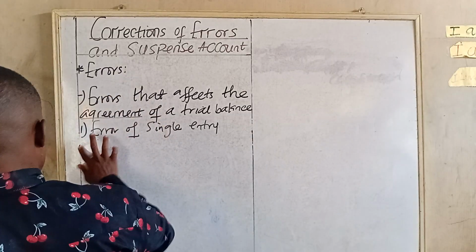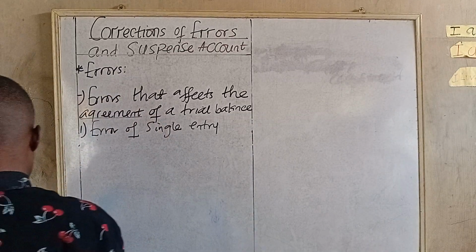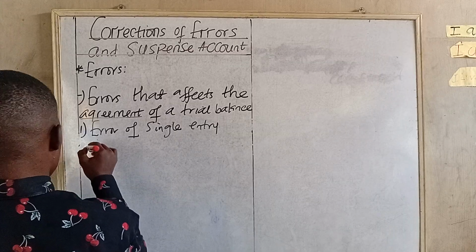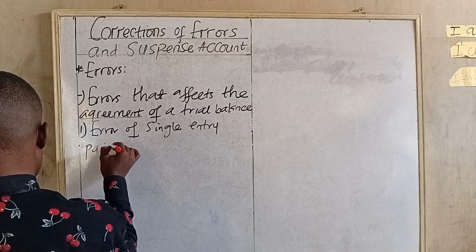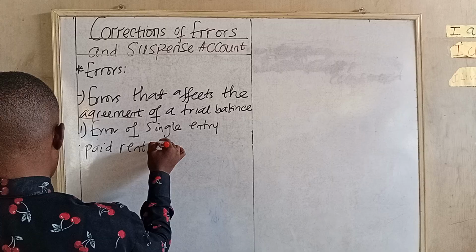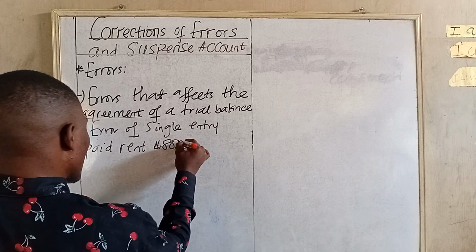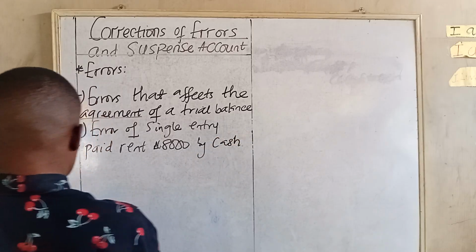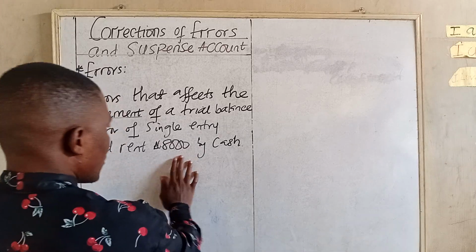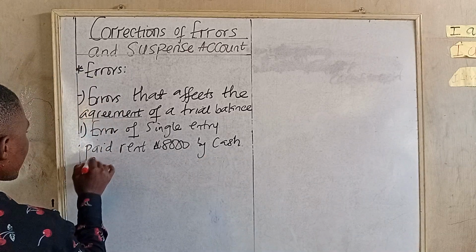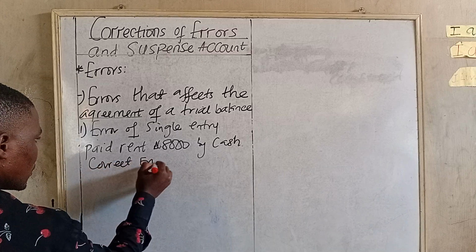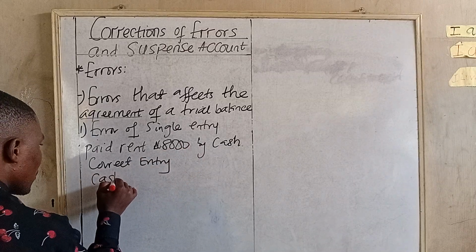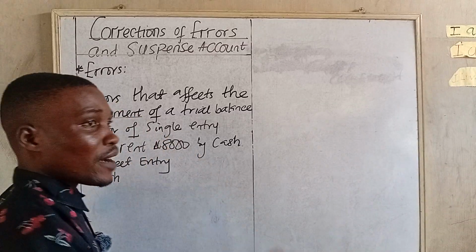So for example, see this transaction: paid rent 8,000 by cash. The correct entry for this should be, your first step is to identify the accounts involved.